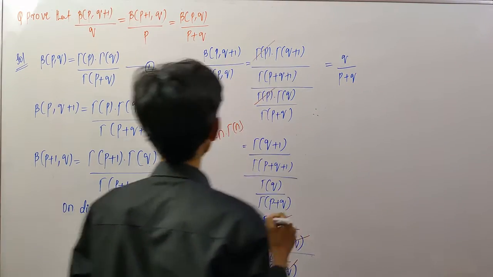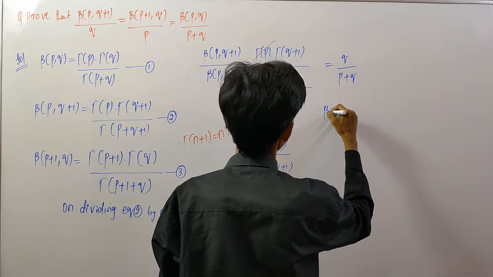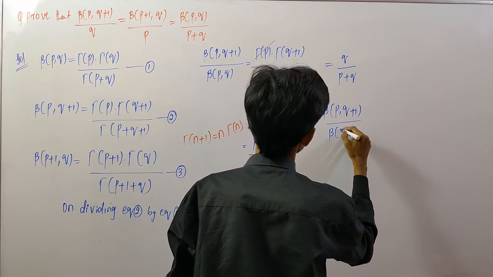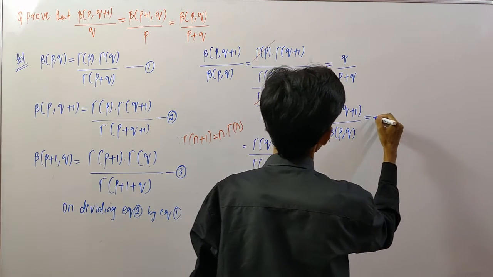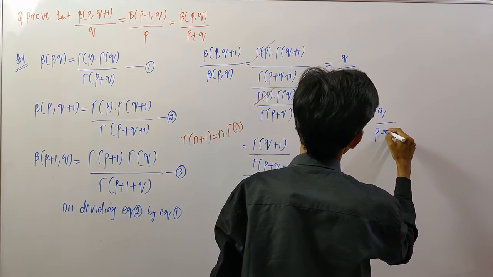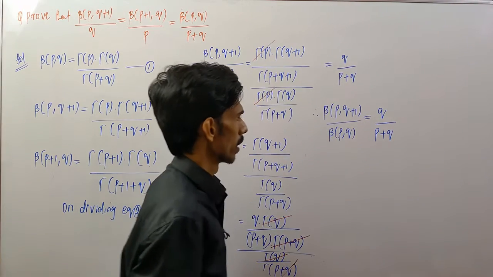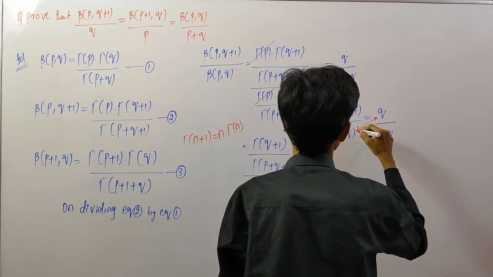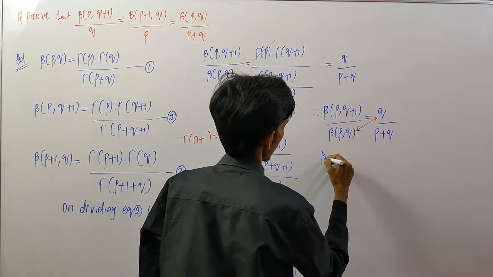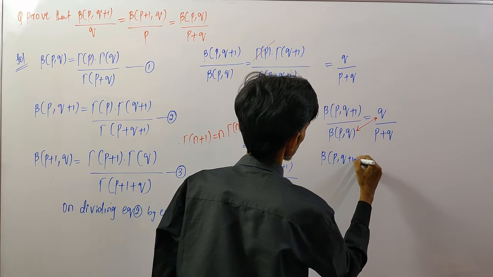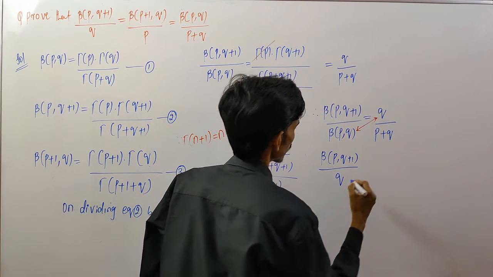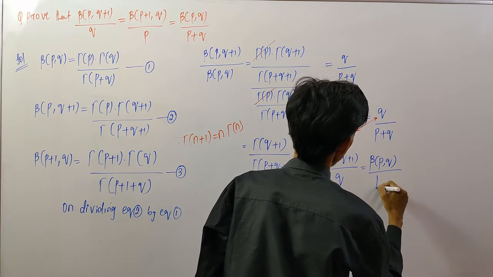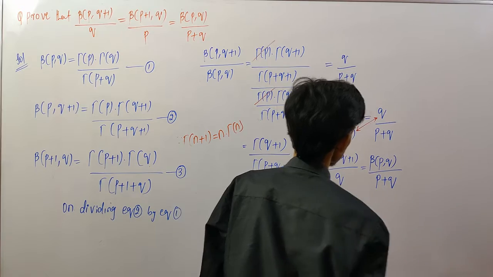Hence we got beta of p comma q plus 1 divided by beta of p comma q, value as q divided by p plus q. Now by cross multiplying these two values, we have beta of p comma q plus 1 divided by q is equal to beta of p q divided by p plus q.